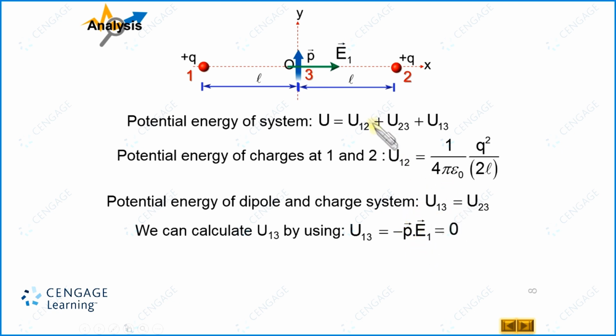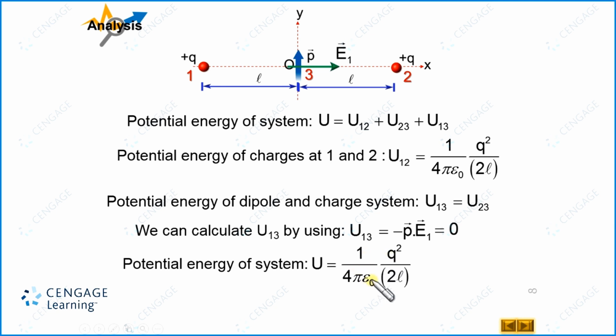That means the potential energies U23 and U13 will be 0. So the potential energy of the system U equals U12, which we have calculated: U equals 1 upon 4 pi epsilon naught Q square divided by 2L. Now let us move to the next illustration.